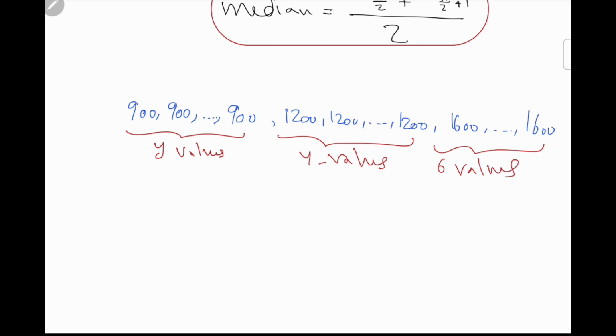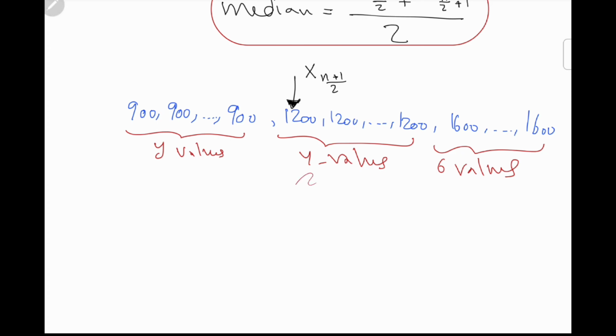So we need to find the largest odd value of y such that the median is 1,200. If the median should be 1,200, then this value should be the median, which corresponds to the value x sub (n plus 1) divided by 2.